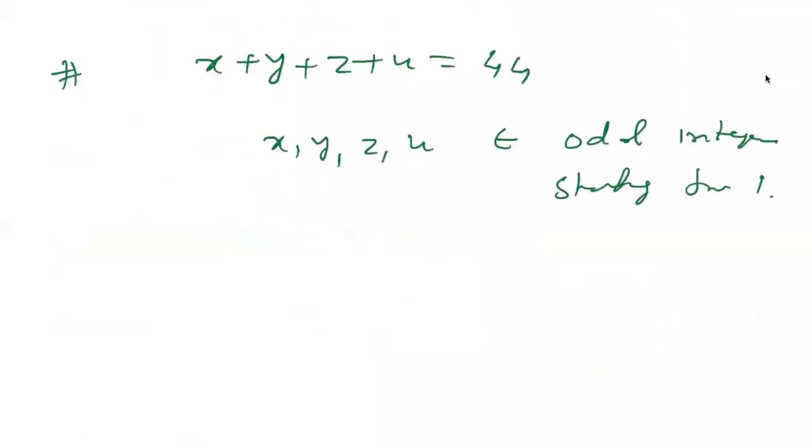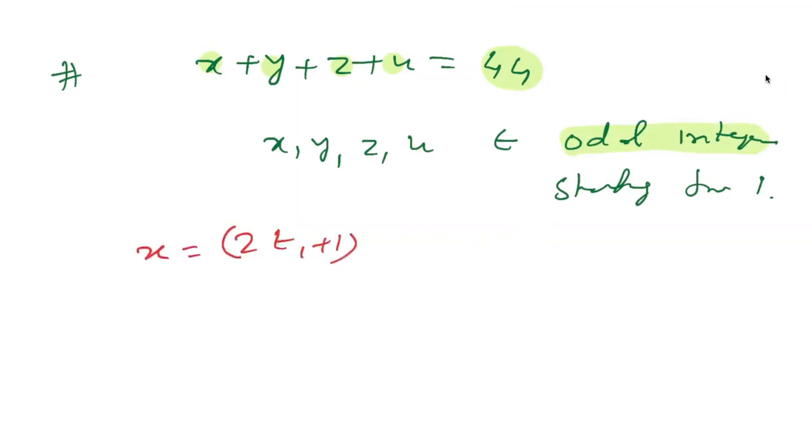In the same way, I'm giving x plus y plus z plus u is 44, where x, y, z, and u are odd integers, right? So start with this. Obviously, for odd integers, we know that x I can take as 2t1 plus 1, similarly y, z and u.